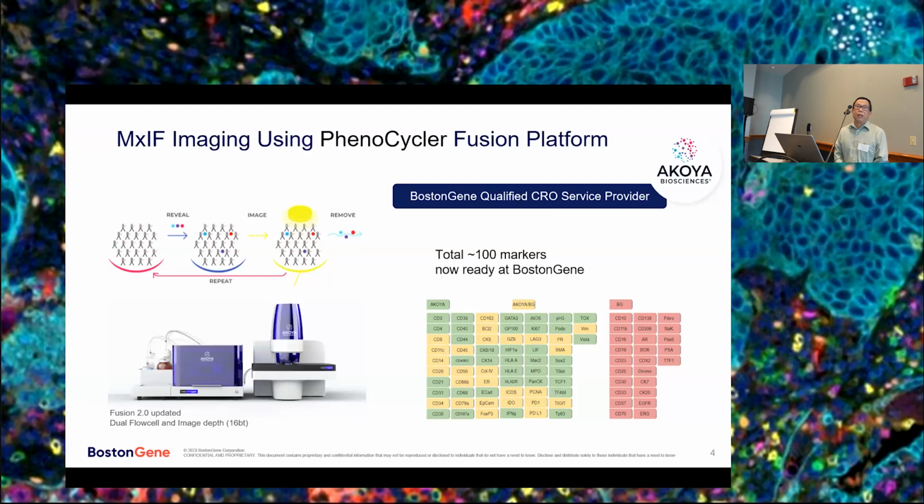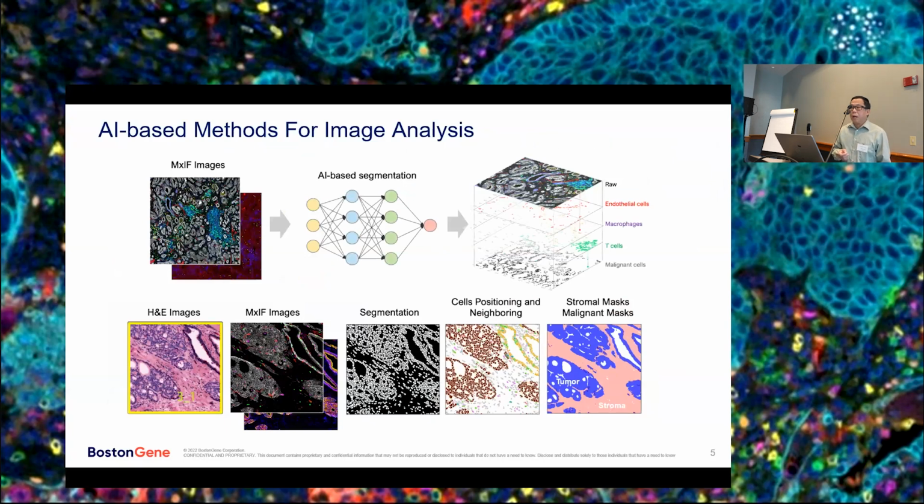We also make our own conjugates, like the new ones listed on the right, and also depending on specific project needs, we also have to conjugate some of the older markers to different barcodes and review in a different channel. For this, we have developed our own image analysis software and algorithm using artificial intelligence and machine learning.